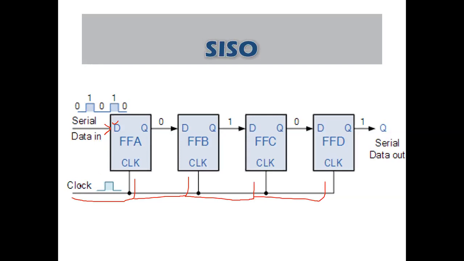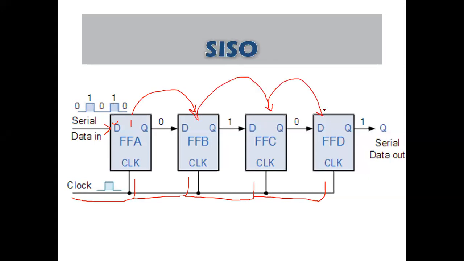The clock is connected to all the flip-flops simultaneously. At each clock, what data is applied? The data applied is 1010. When I apply the first clock, the one comes here. When I apply the second clock, this one jumps here. When I apply the third clock, the one will jump here.